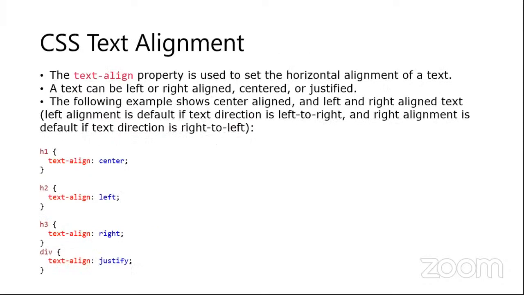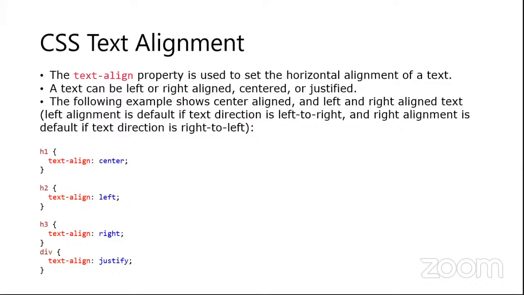CSS text alignment. I think we have already discussed the text-align property, so just a short review. The text-align property is used to set the horizontal alignment of a text. A text can be left or right aligned, centered, or justified. Justified is a new value for you because we have not discussed it.